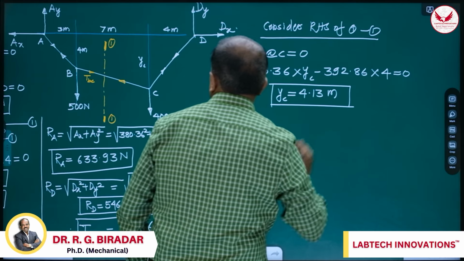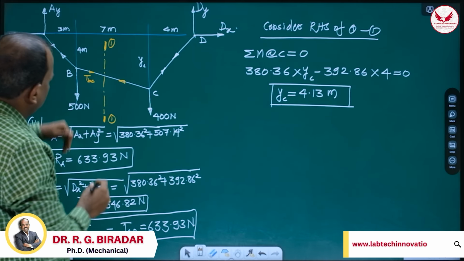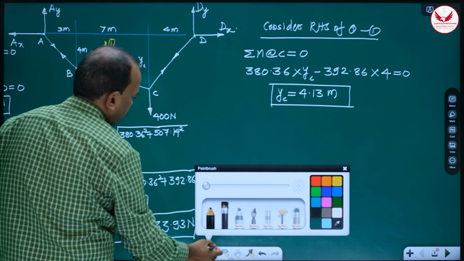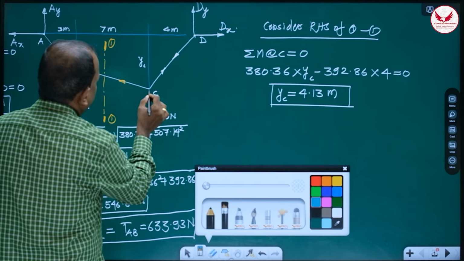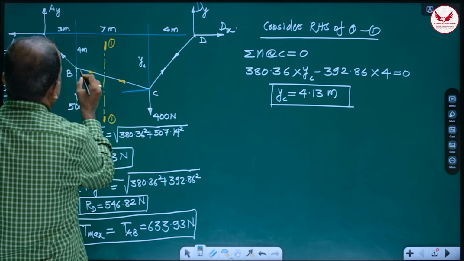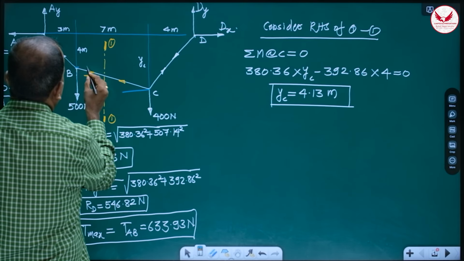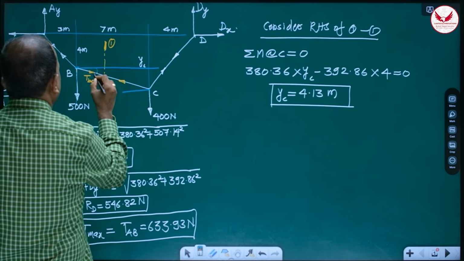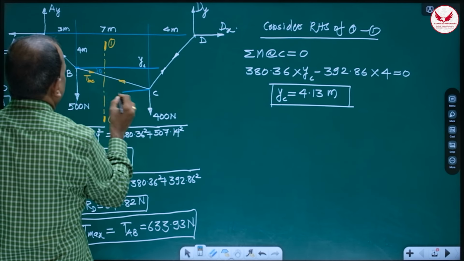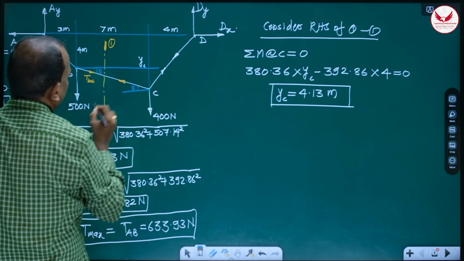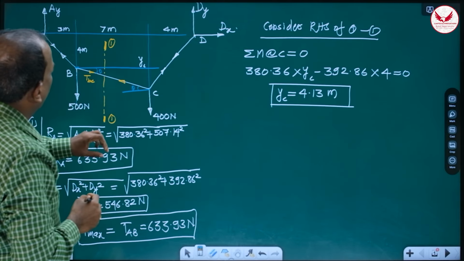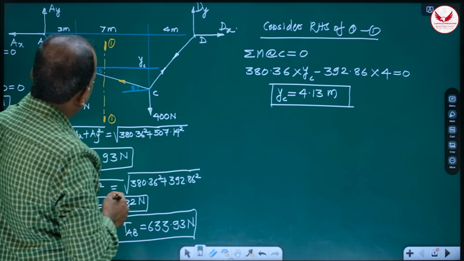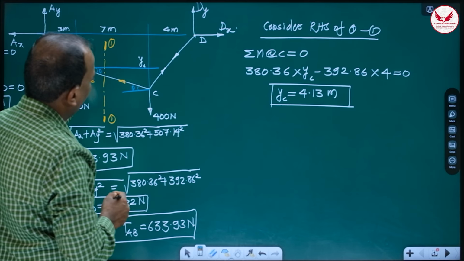Then again, for getting the tension in BC, I always suggest you should get its inclination. How can we get this angle theta? For that we must know this distance, and for that we must know both the sags.